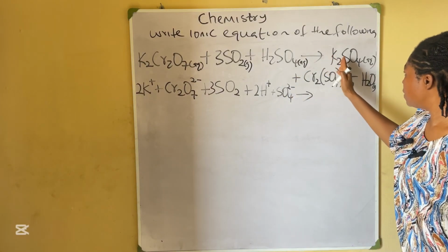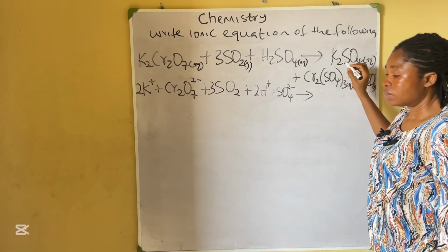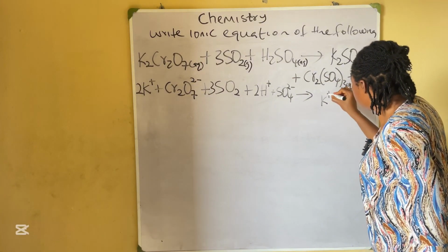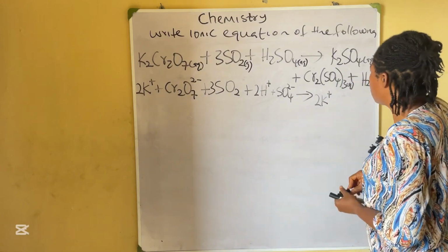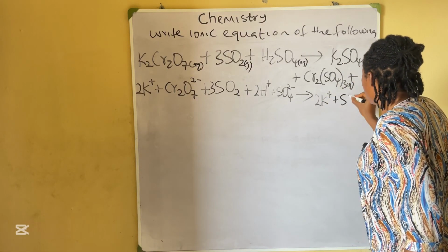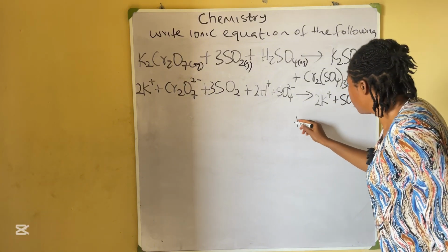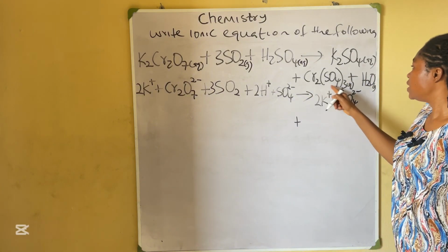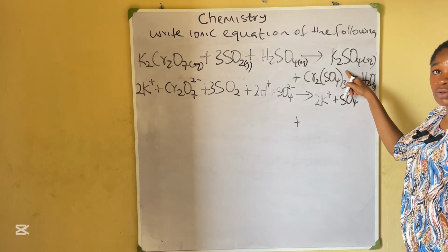So this is the product side. From here to this product, this potassium is K+. How many atoms do I have here? 2. SO4 2 minus. Then I'll break up the chromium. This is chromium(III). This 3 is for chromium, this 2 is for SO4 2 minus.